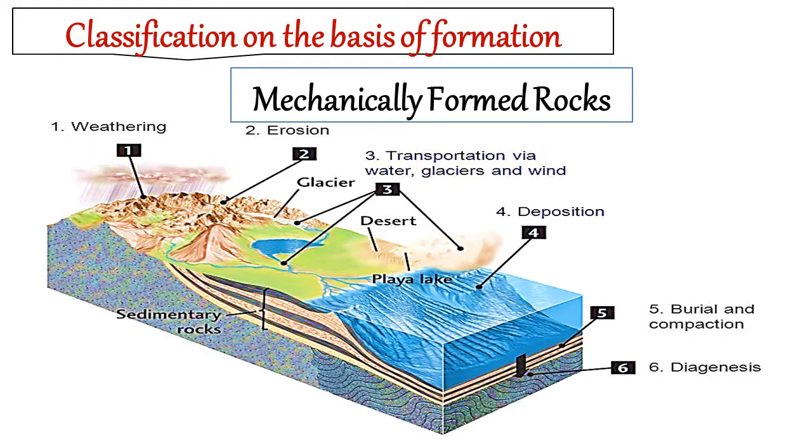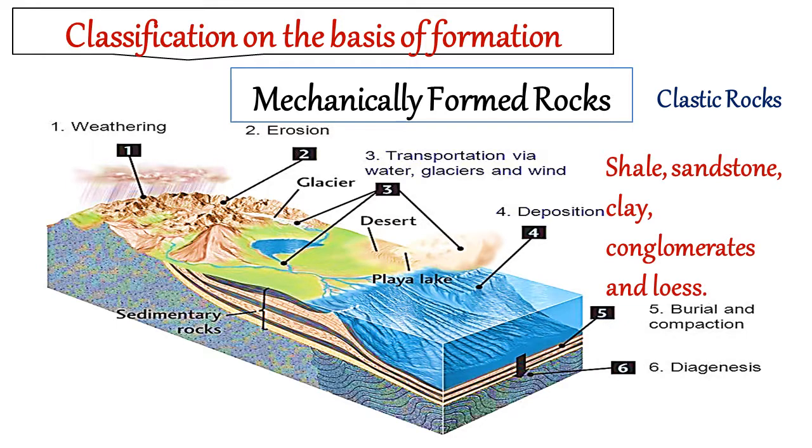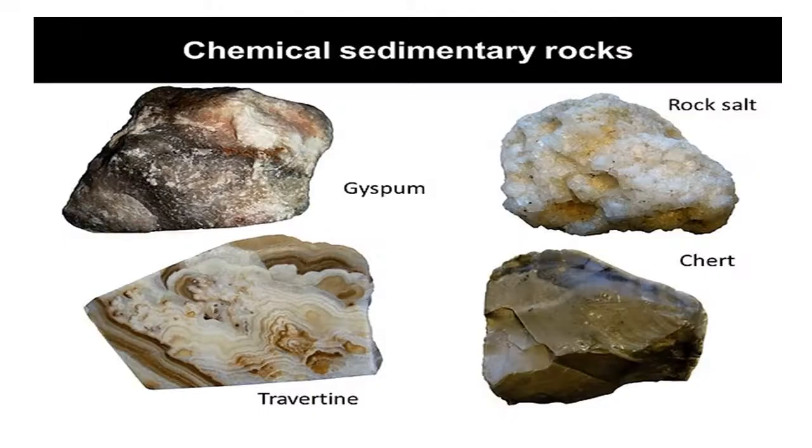In this process, the lower layers come under the pressure of the upper layers. These are mechanically formed rocks, and they are also called clastic rocks. Their main examples are sandstone, conglomerates, shale, loess, siltstone, clay, etc.